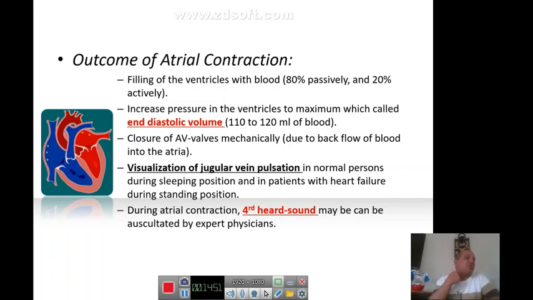This pulsation we call jugular vein pulsation, but this is during lying position, maximum to 45 degrees. But if the patient is in disease or pathologically, we can find this pulsation during standing position. So finally, this is the outcome of the atrial contraction, and finally we can hear, as we mentioned, the fourth heart sound.